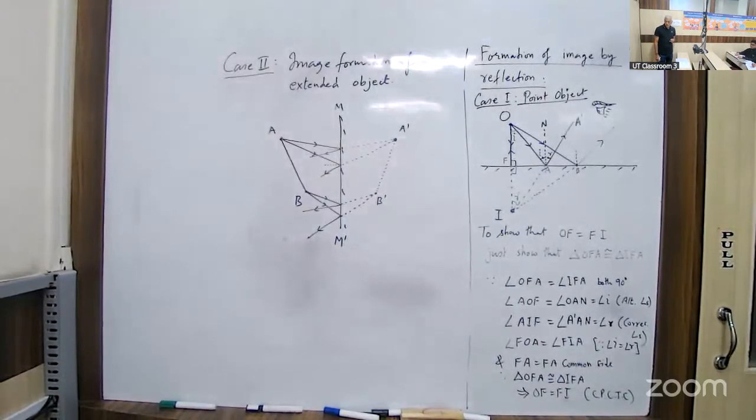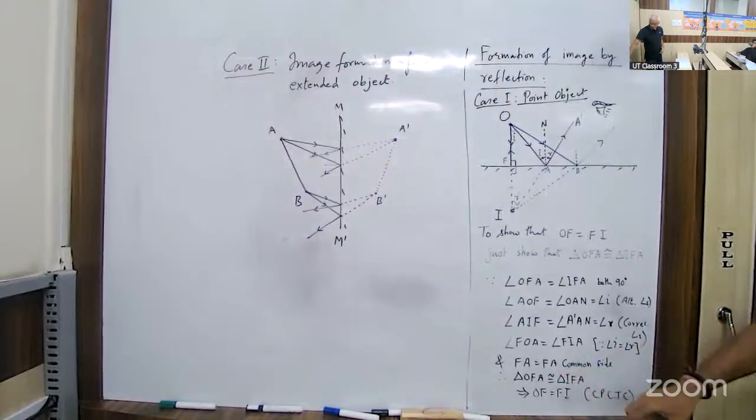Why corresponding parts of congruent triangles? That's understood, since it is already said it is congruent. Then why write congruent again? We proved here it is congruent, right? Yes sir, so corresponding parts of congruent triangles. Okay. But in ICSE, a few things are different from the other standard things.